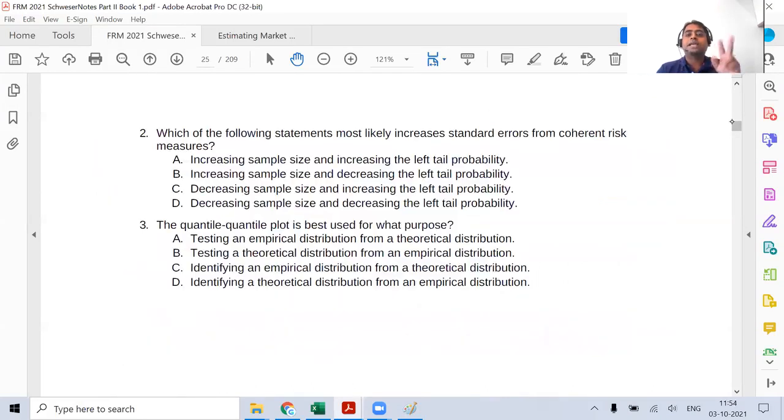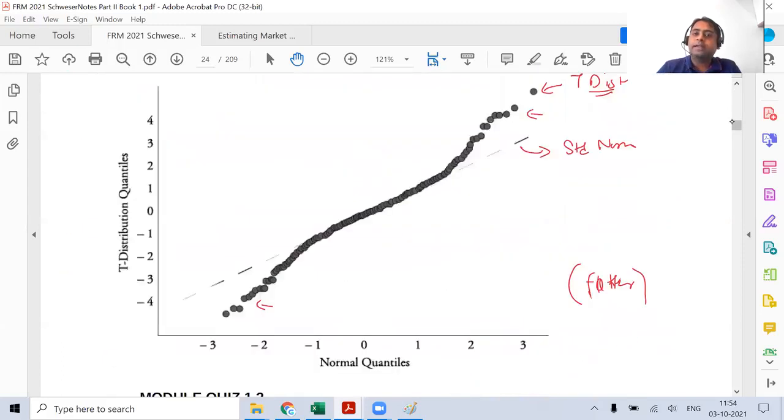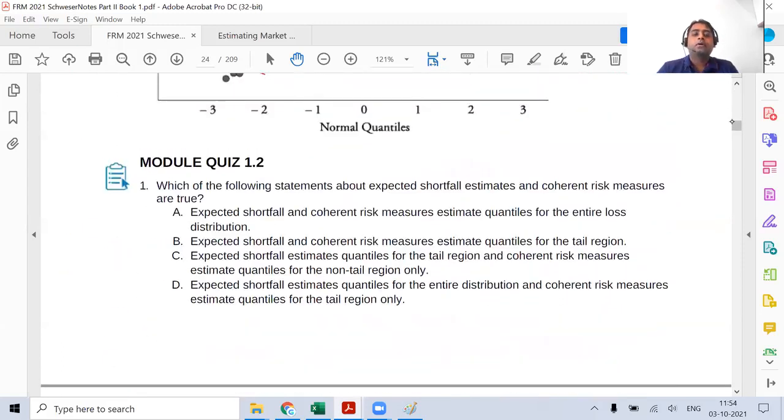I'm taking you towards the second quiz, which we have not done till now. Module quiz 1.2. Which of the following statements about expected shortfall and coherent risk measure are true? What do you think, guys, is the answer?